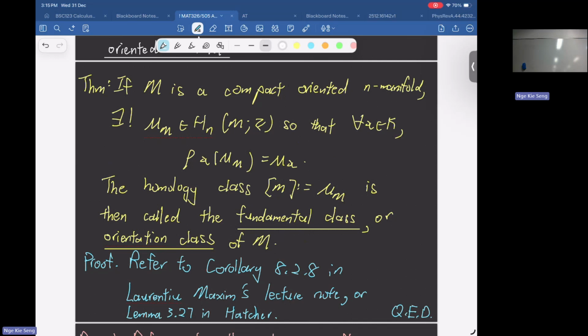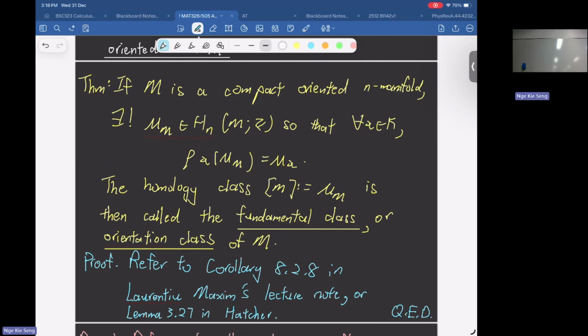Did you guys touch de Rham cohomology in differential manifolds? Your volume form. Volume form is something living in the top de Rham cohomology. It's dimension 1.